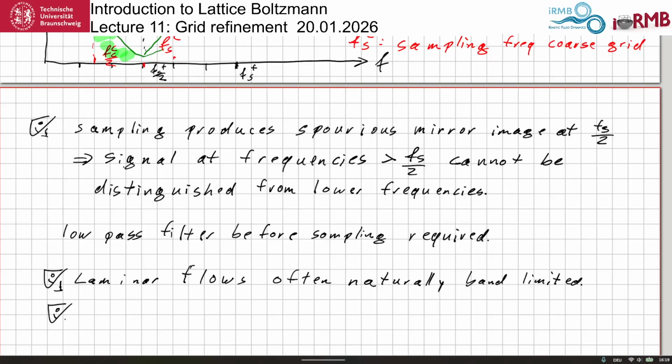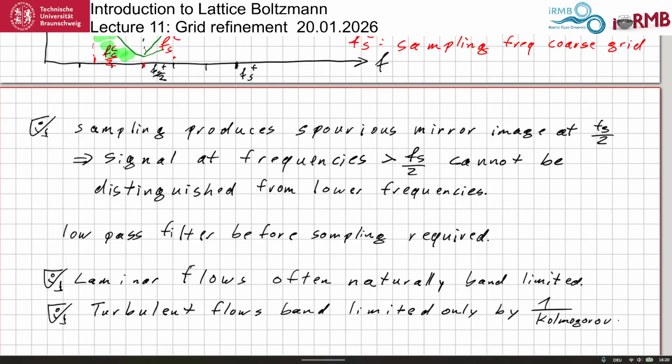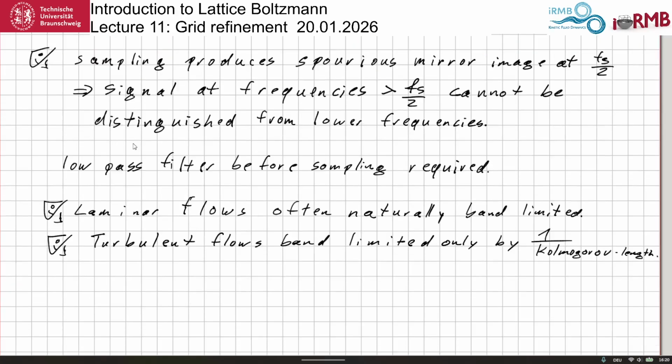So the problem is, if you look at turbulent flow, turbulent flows are also band limited, but they are naturally band limited by the so-called Kolmogorov frequency, by 1 over the Kolmogorov length, yeah. And this is usually something that you do not want to resolve.